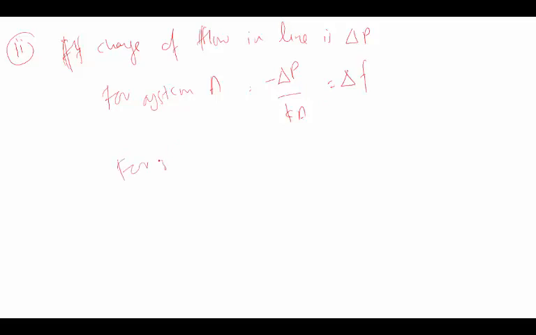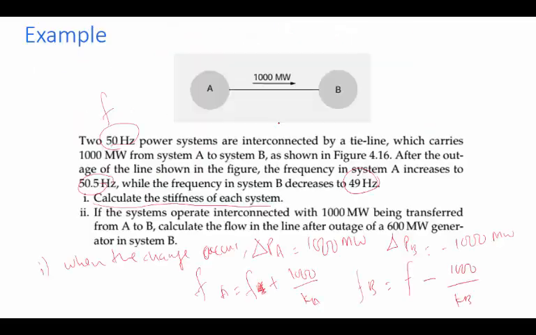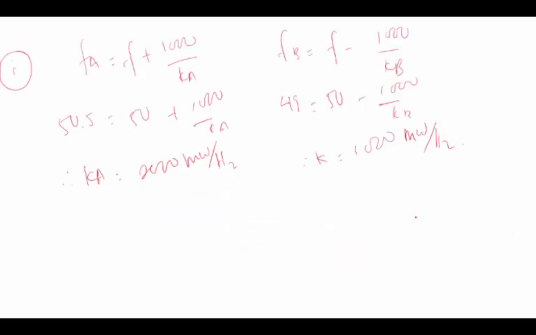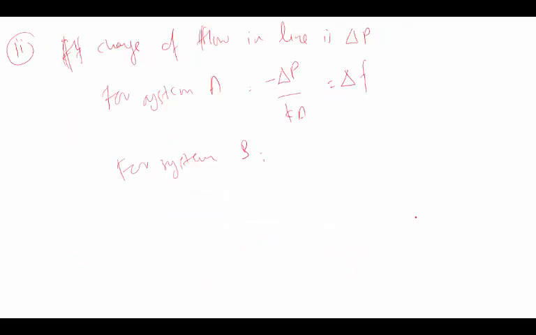And for system B, because you have a 600 megawatt outage, in system B it is minus 600 plus delta P over KB, and this equals delta F. Okay, so delta F is similar.